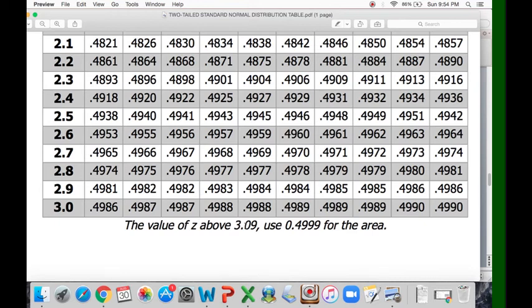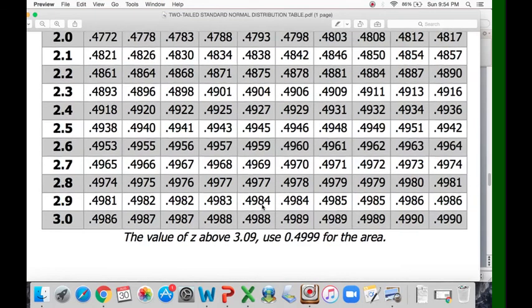Basta yung mga nandoon, kanya, 0.4991. We will use 3.09.